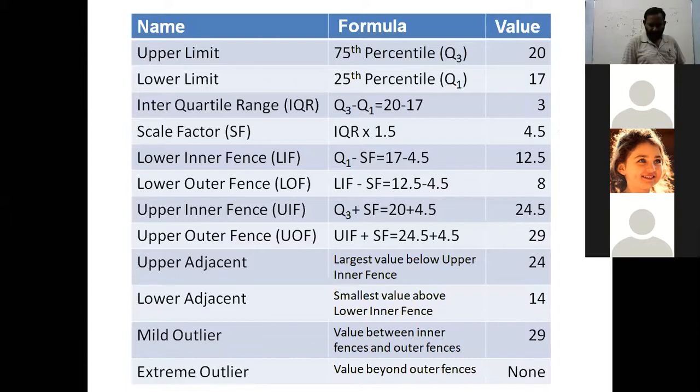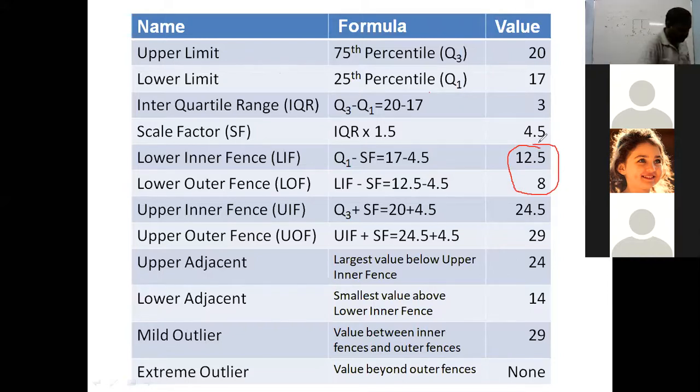Is there any value in between 12.5 and 8, on the left side or the lower part? Do we have any value between these two in our data?